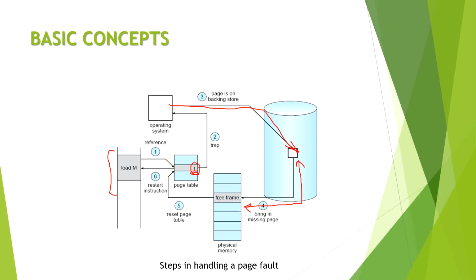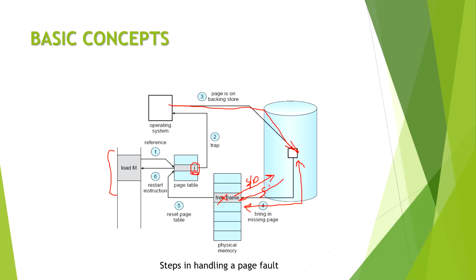It has to deploy some page replacement algorithm to replace a page. Let's say there is already one page; it will save this page in the backing store and bring the other page into the physical memory. So this is swap out, and this is swap in.